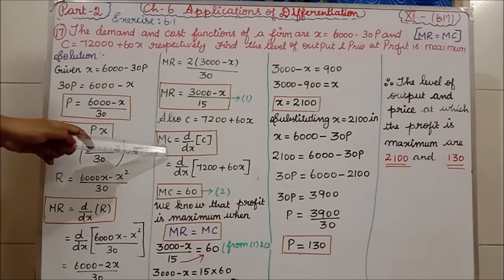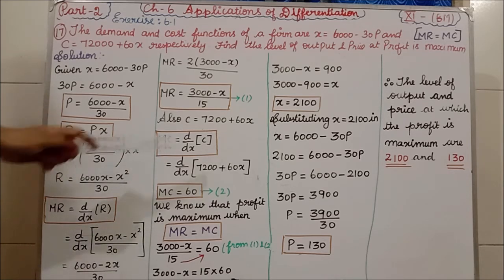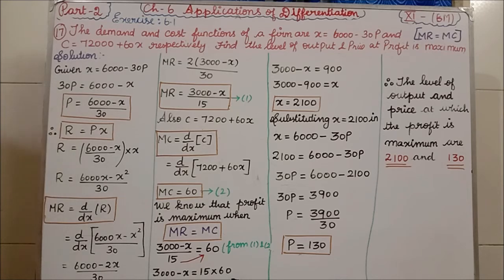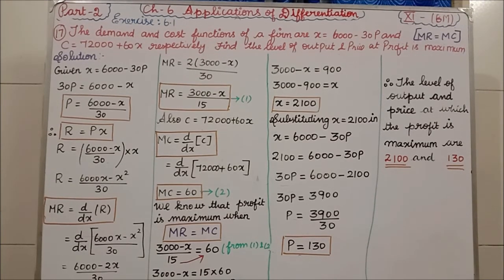So marginal means we have to differentiate. d by dx of cost, which is 72,000 plus 60x.